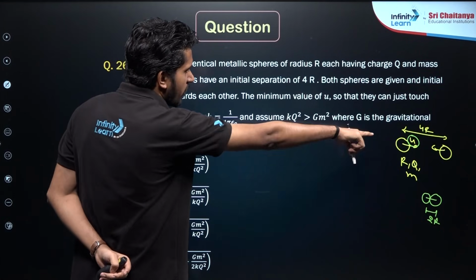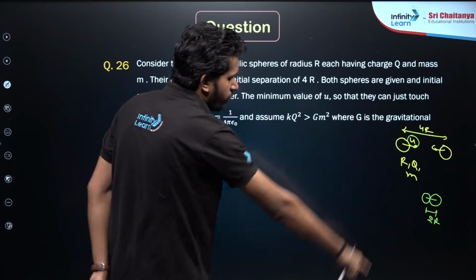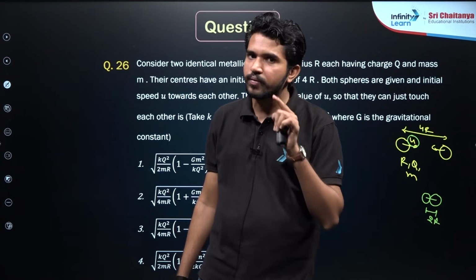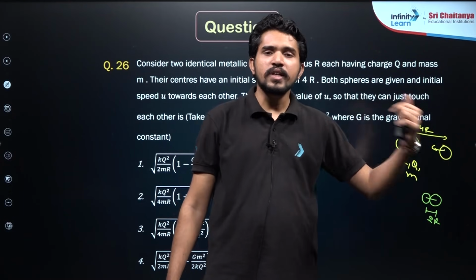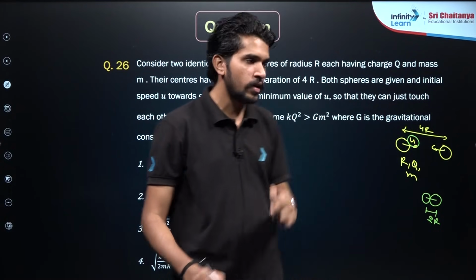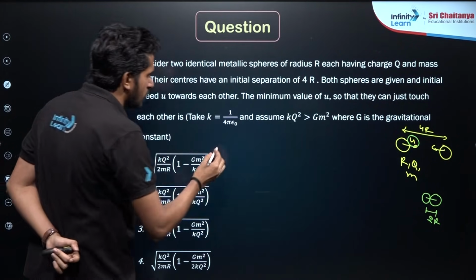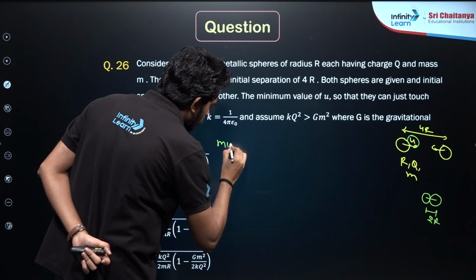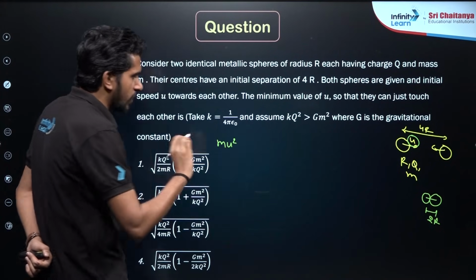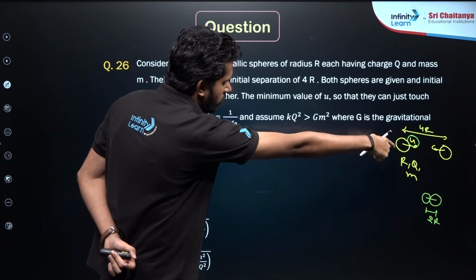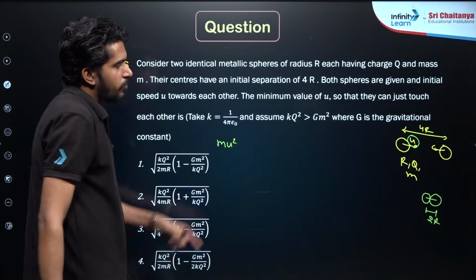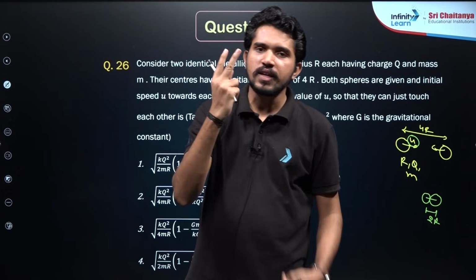Initial energy: kinetic energy. The first mass has kinetic energy half m u square, and the second one has kinetic energy half m u square. So the sum of kinetic energy is m u square. Then potential energy, but it has two kinds of potential energies.